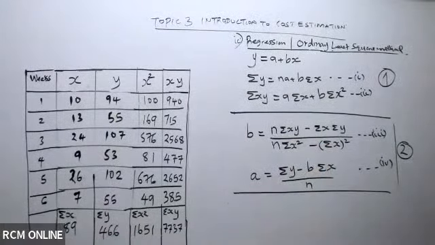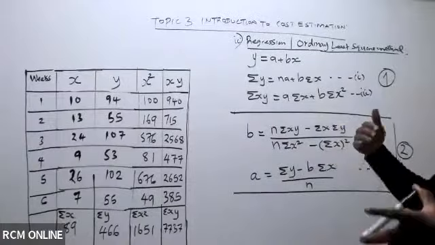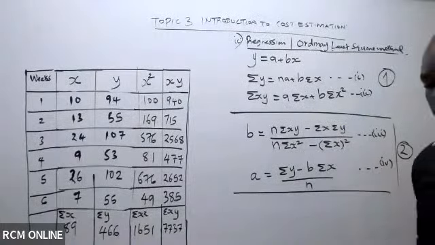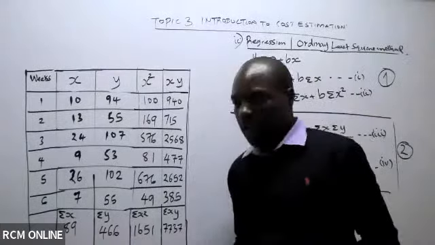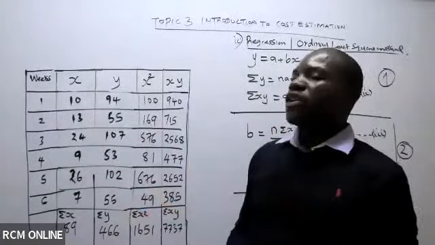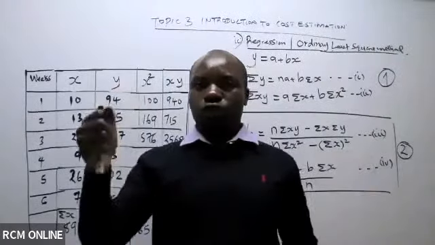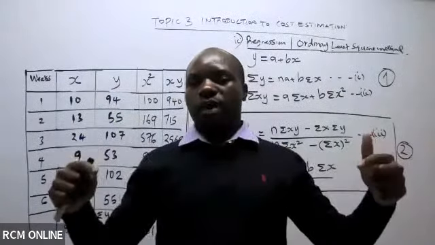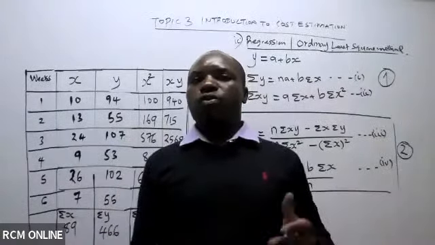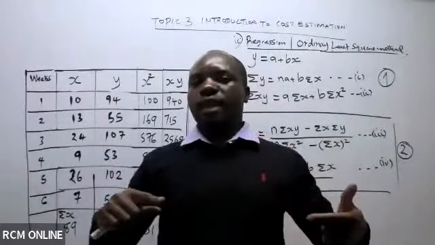So what is now missing is the value of n. The value of n is the number of observations. In week 1, when you produced 5 units, this was the total cost. That is 1 pair. In week 2, when you produce this number of units, this was the production cost. That is the 2nd pair.